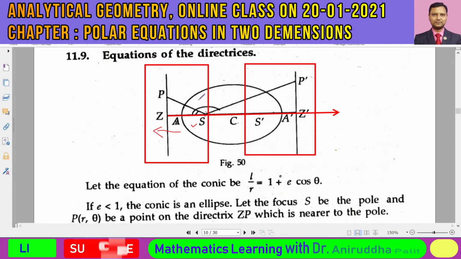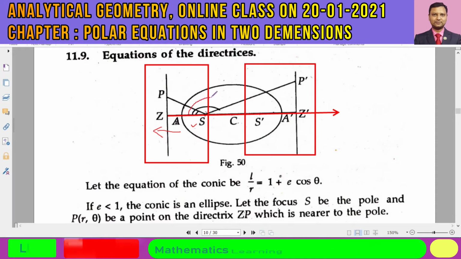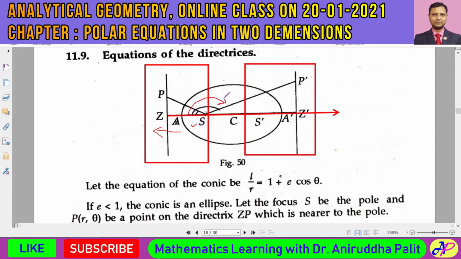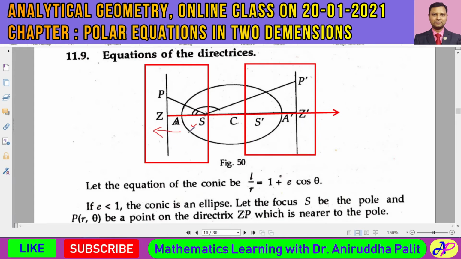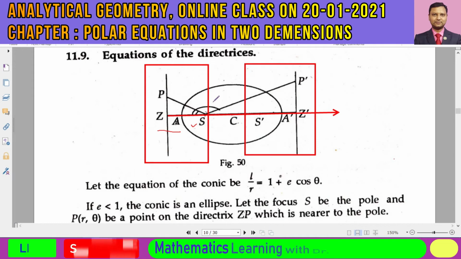Clear? Because you see over here, this angle is measured from this position in the clockwise direction. So it is clear that the direction of the initial axis is taken on the left hand side with respect to S. So we can consider this kind of angles as the vectorial angles.